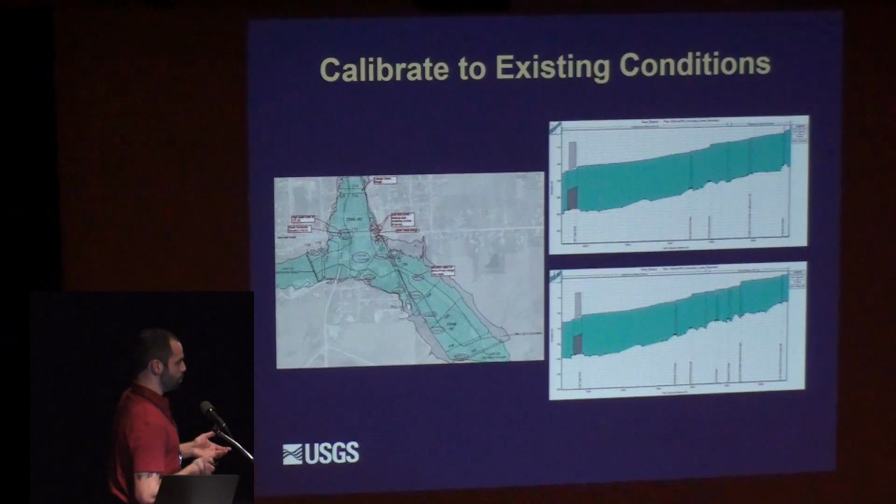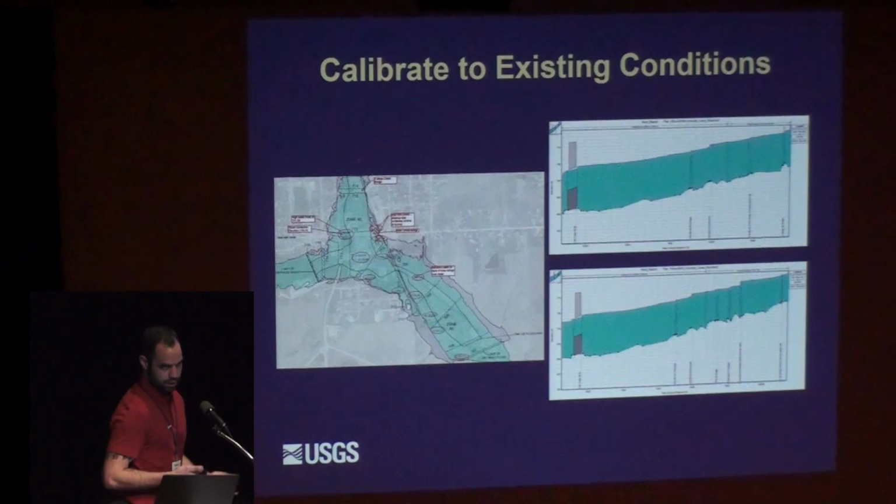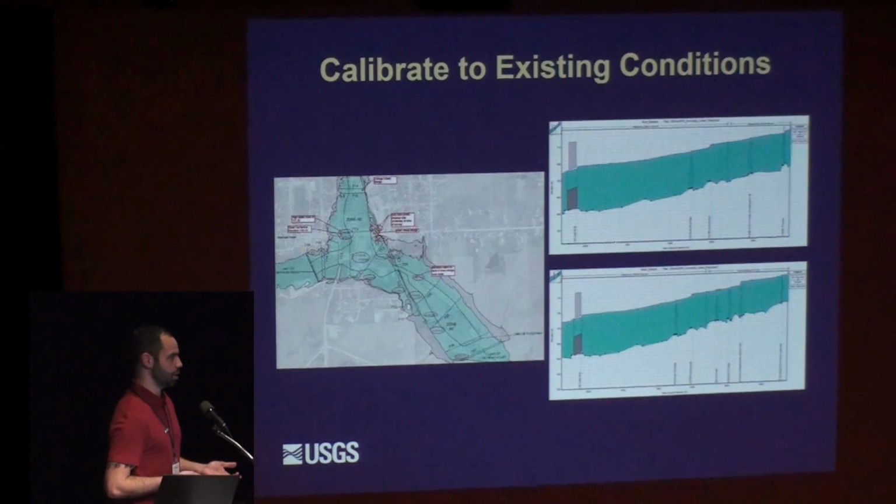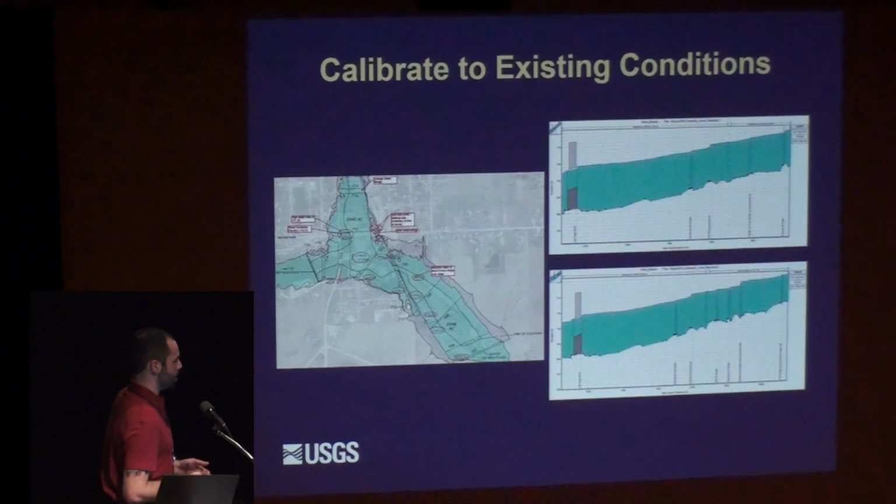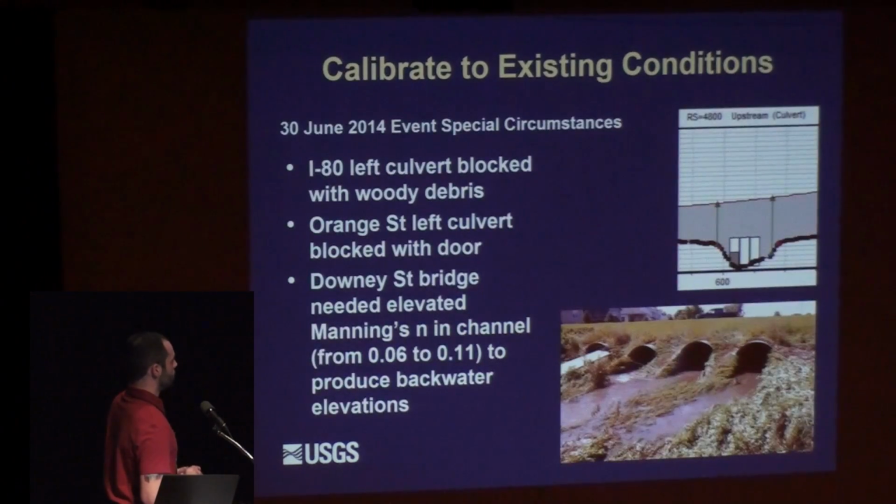So I run the event, and then you try to match what these high water marks are throughout the stream. And that's dealing with adjusting your Manning's n values, your ineffective flow, and any sort of other parameters that you need to adjust to get your water levels where you need them for that event.